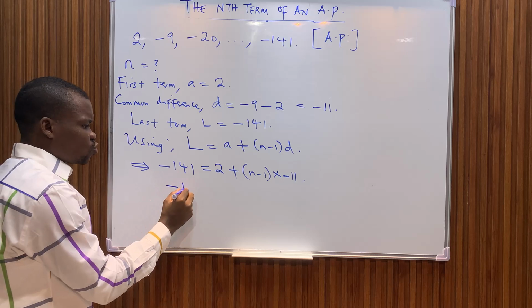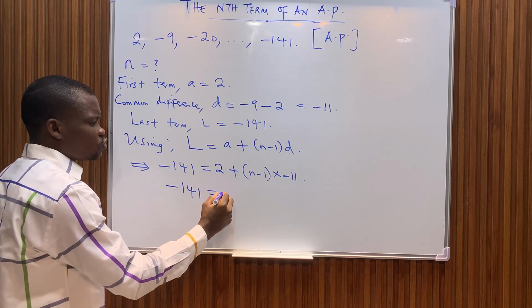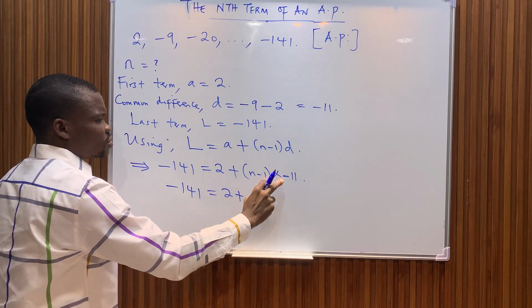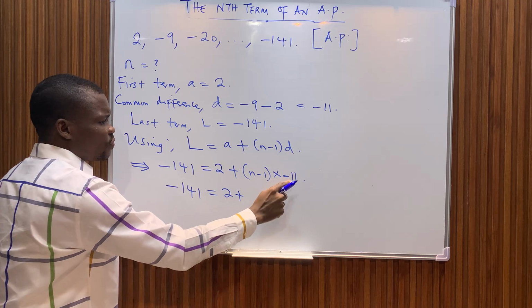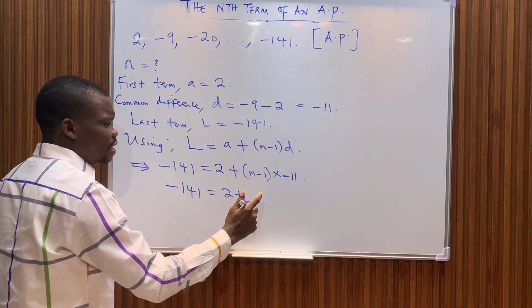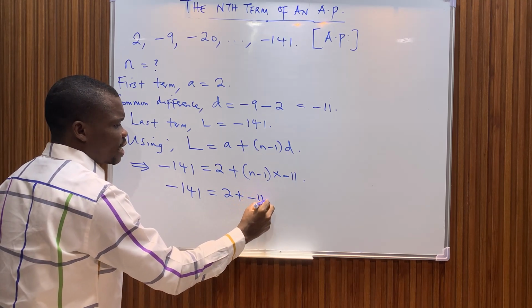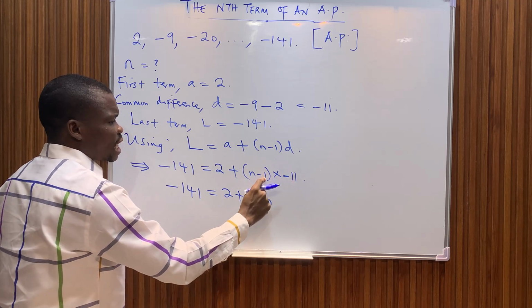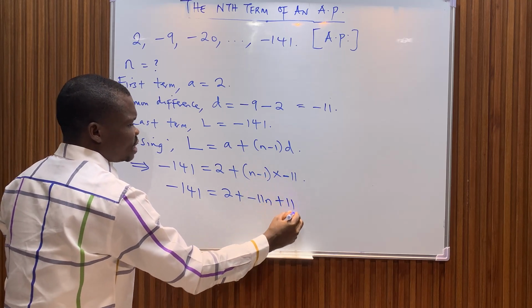So minus 141 equals 2 plus, of course, we have to do the multiplication first. Minus 11 times n gives us minus 11n. Then minus 11 times minus 1 gives us plus 11.